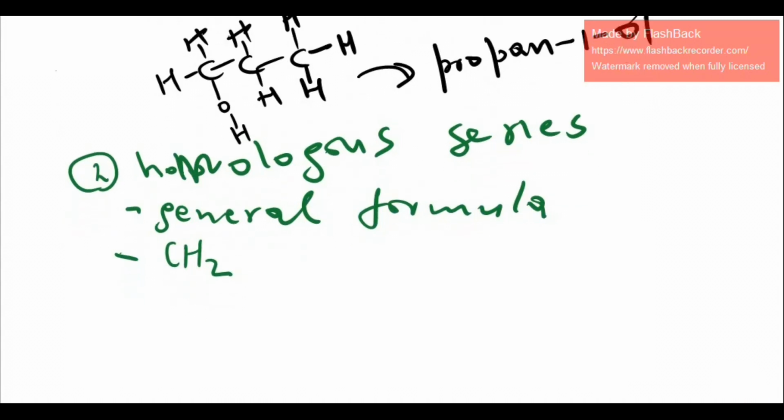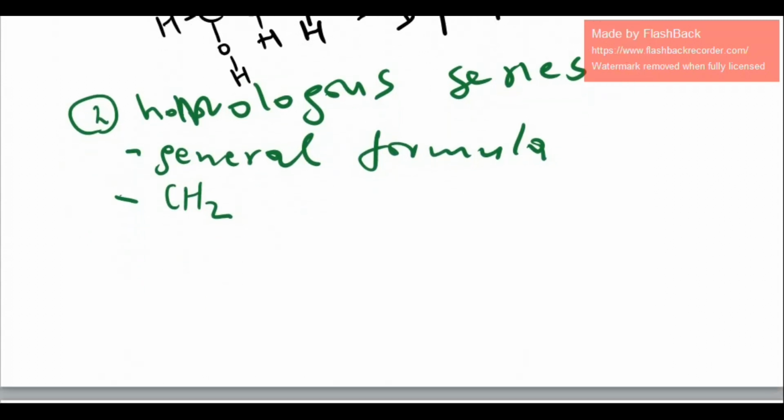So in a homologous series, they will have the same general formula, right? Or they will differ from each other by a CH2 group.